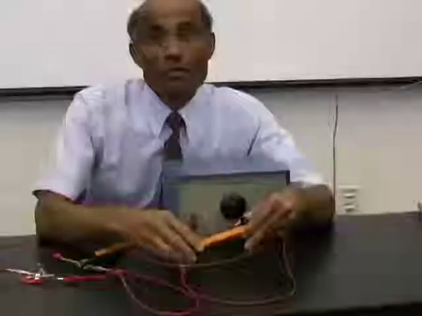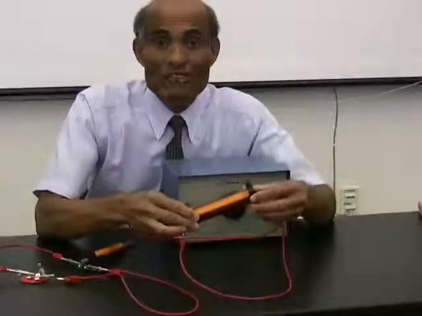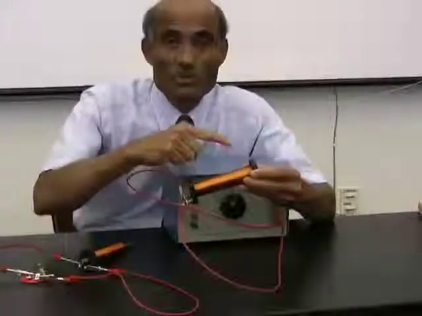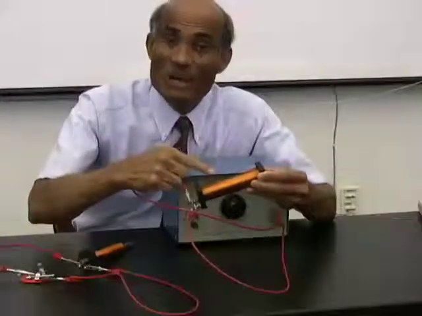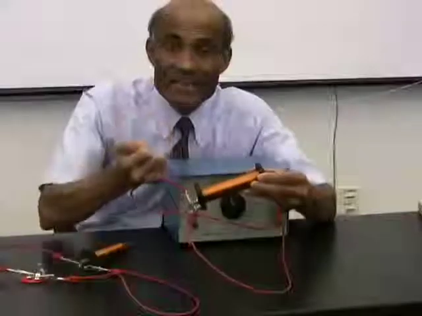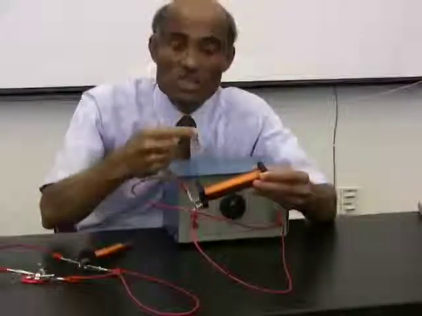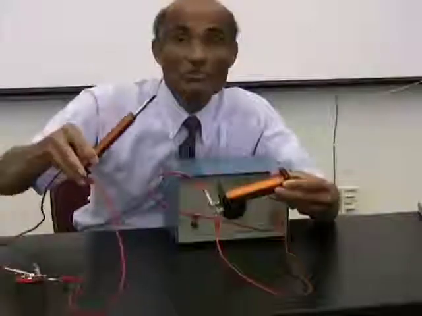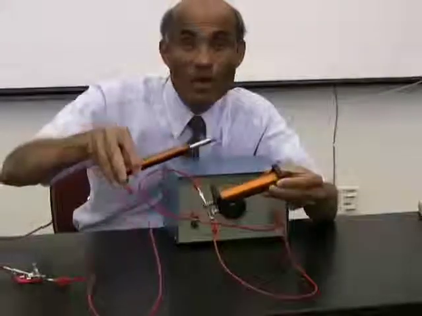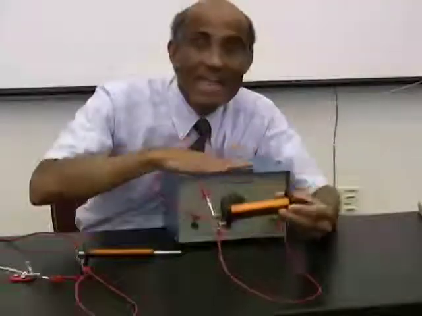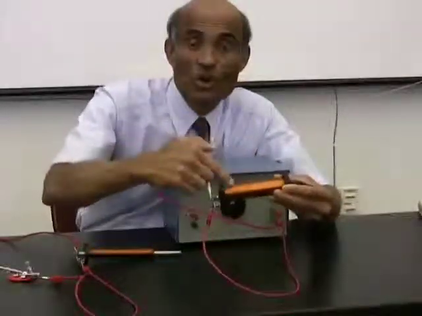Alright, we will now see another application of electromagnetic induction. In the last lesson I told you, if the current in a coil of wire is either growing or decaying, the associated change in magnetic flux can actually induce an EMF in another coil of wire. Now, what happens if I allow an AC to pass through this coil?